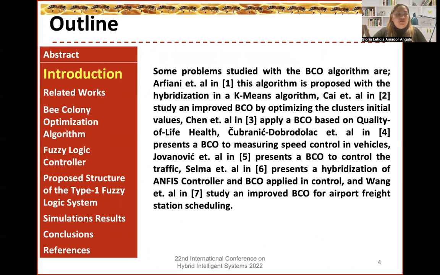For the introduction, we start with some problems related to the BCO algorithm. Several authors are interested in the application and implementation of the BCO algorithm. You can see about 7 important references that work with this algorithm.